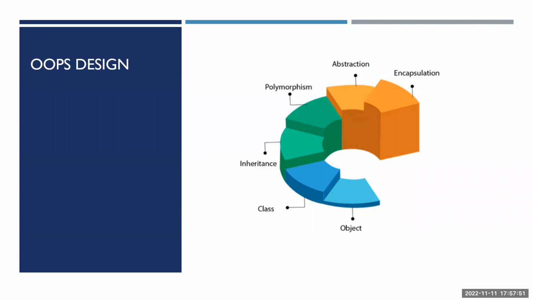You must have seen in many interviews and videos: what are the four OOPS principles which Java follows? To achieve these, you need to have a class and then an object.